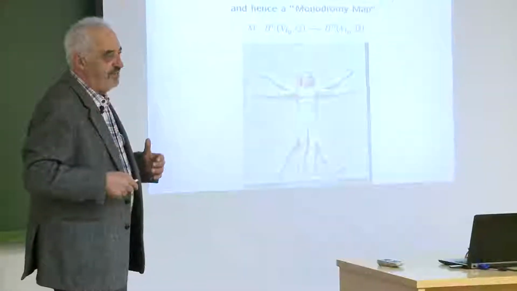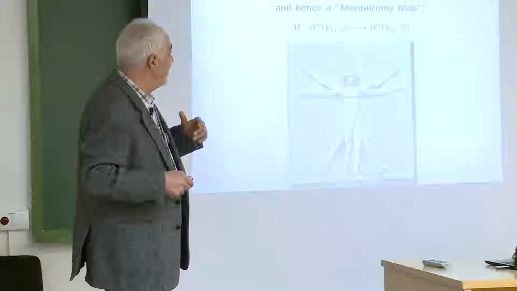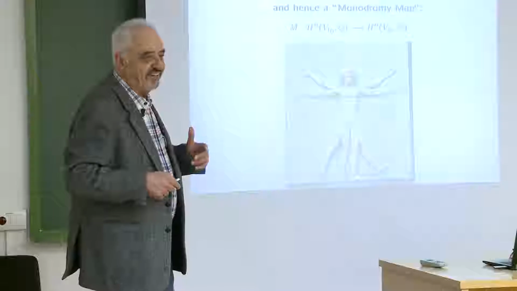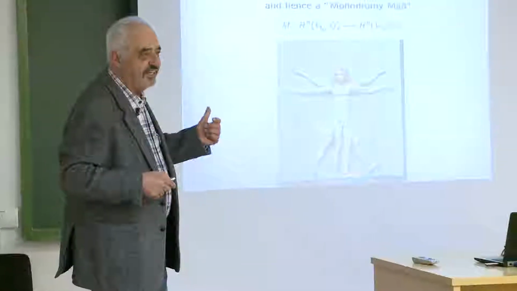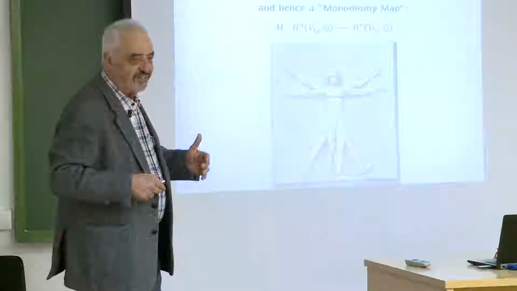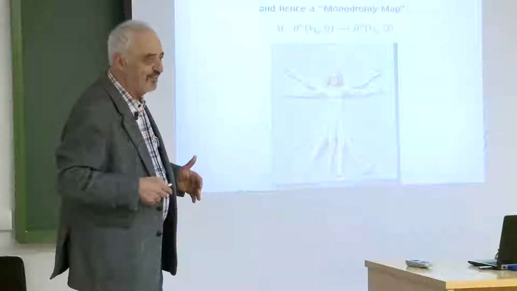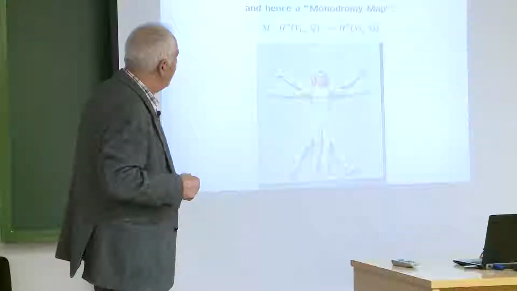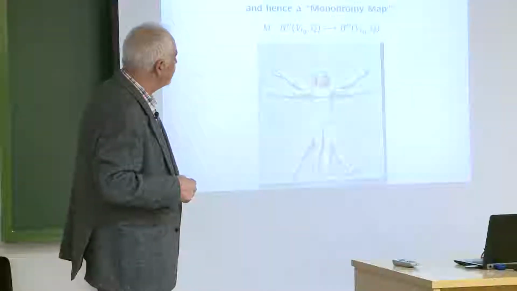It's called the Gauss-Manin connection, but really Gauss and Manin had some previous results, but the one who got the real idea to consider this is Grothendieck, and he was very generous to call it the Gauss-Manin connection because he could have called it the Grothendieck connection. So anyway, there's a monodromy map which goes from the cohomology group.